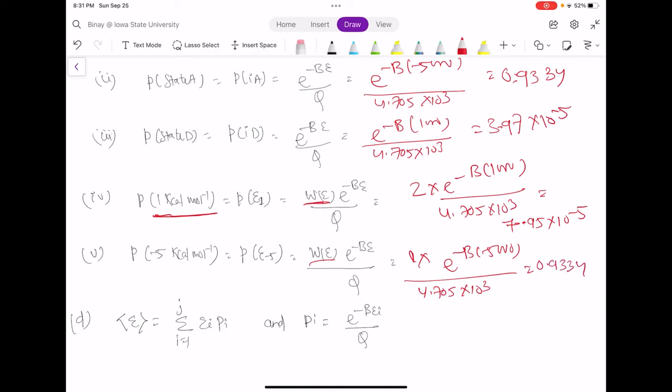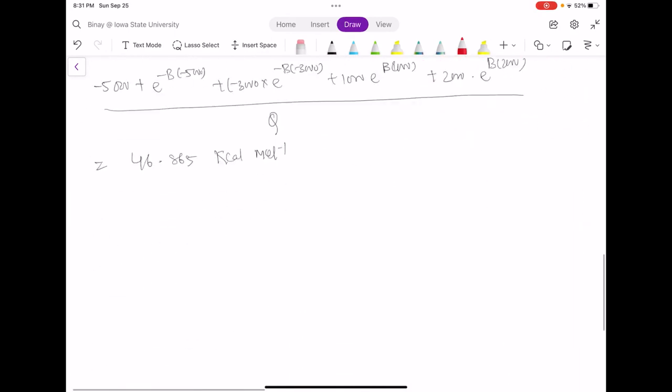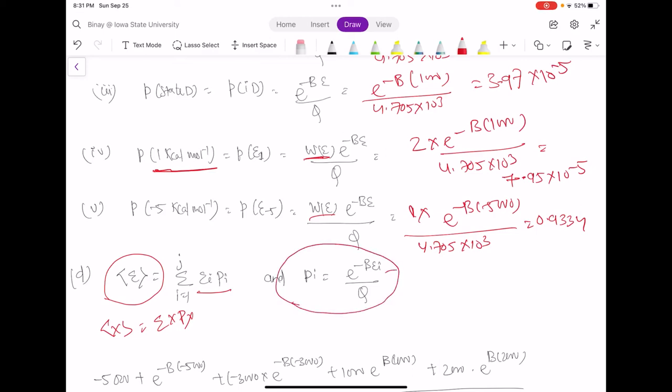The next question asks: what is the average energy of the protein conformation? We know the expectation of any value is the expectation of x equals the summation of x times p of x, and we know from the previous answer what p of i is. Now we write the formula for all the states.